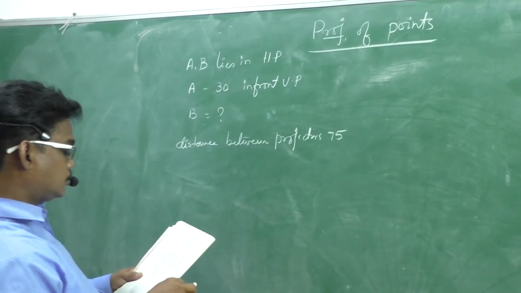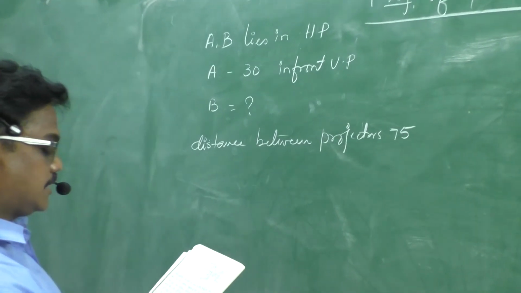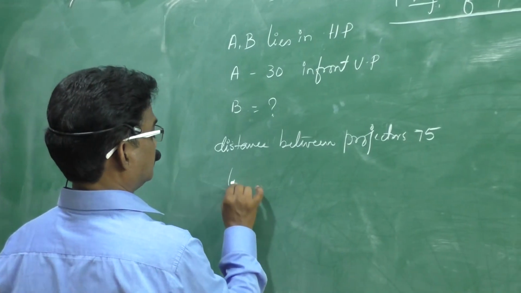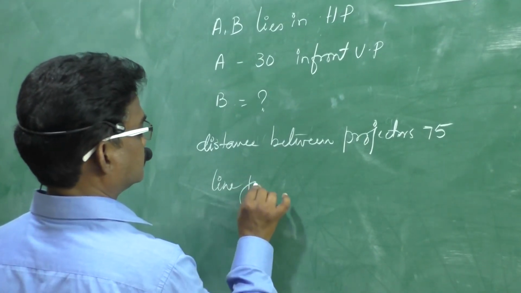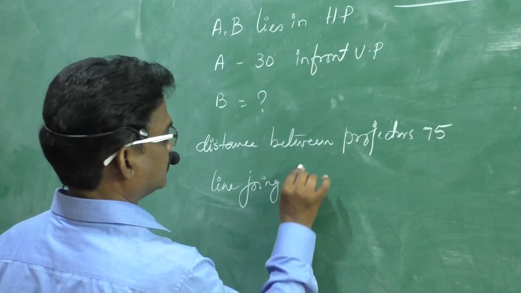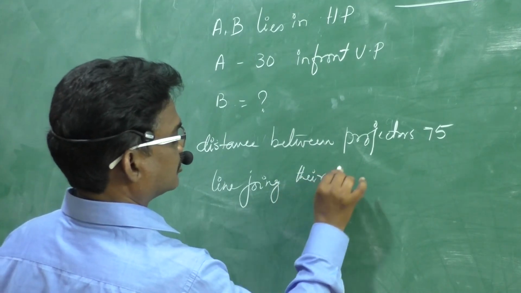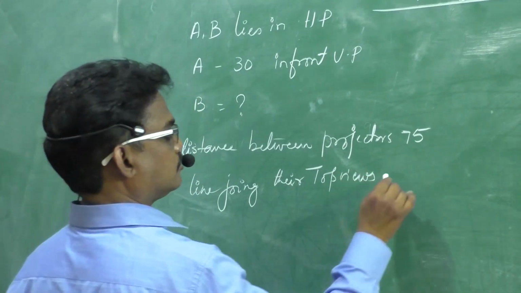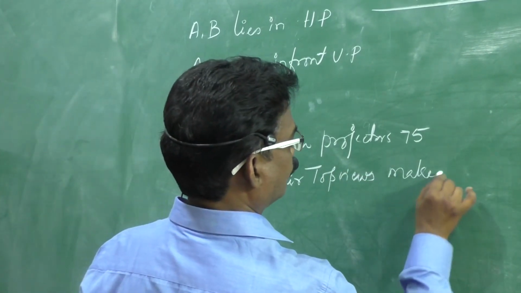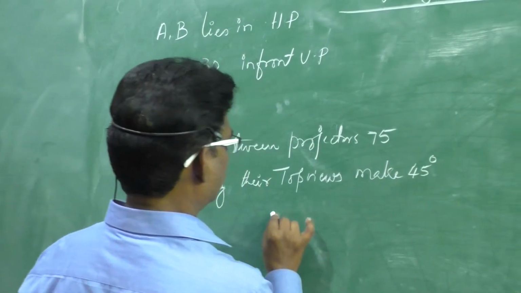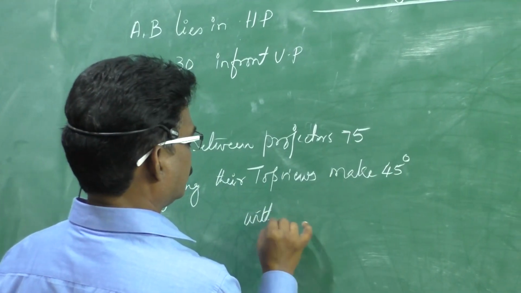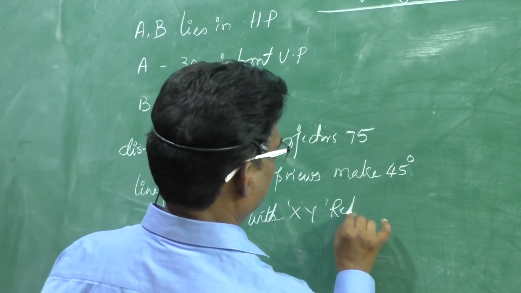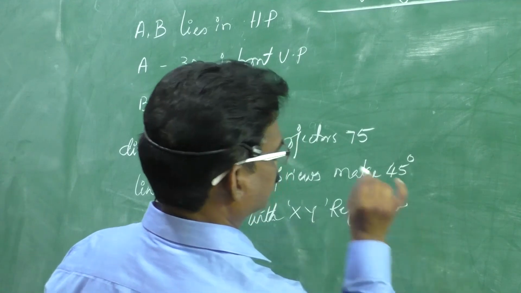Next, the line joining the top views makes an angle of 45 degrees with the XY reference line. Therefore, the line joining their top views makes 45 degrees with the XY reference line.